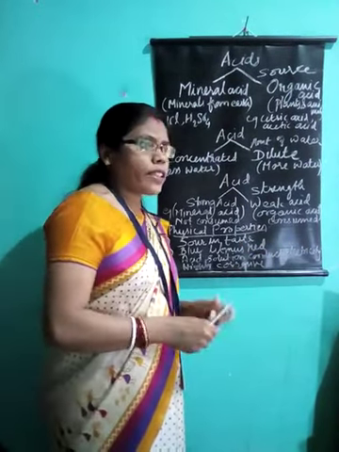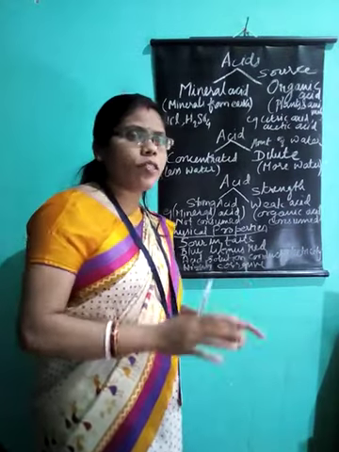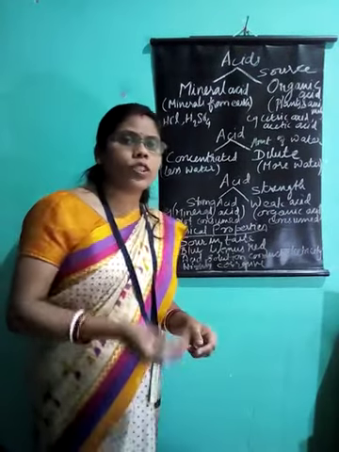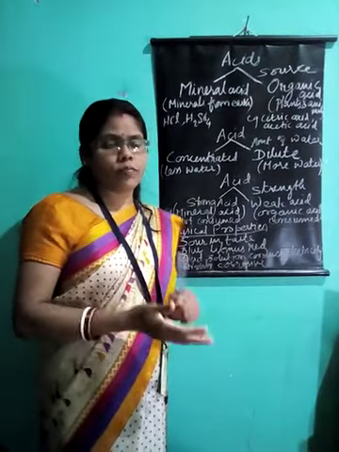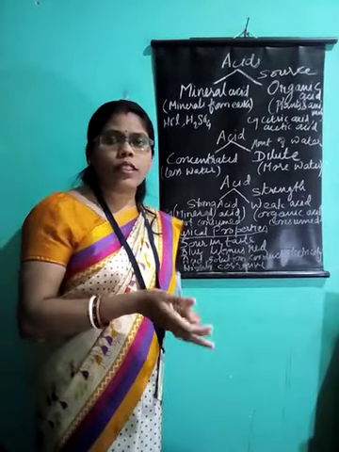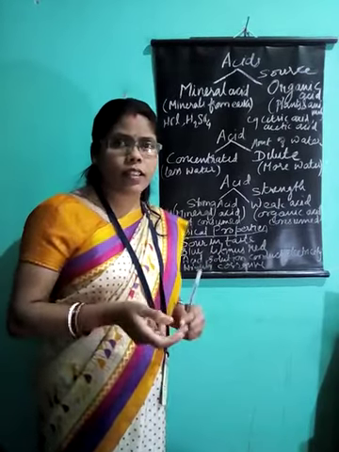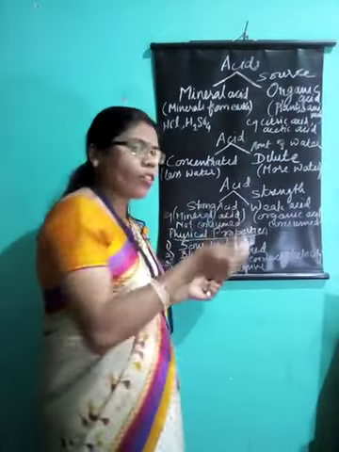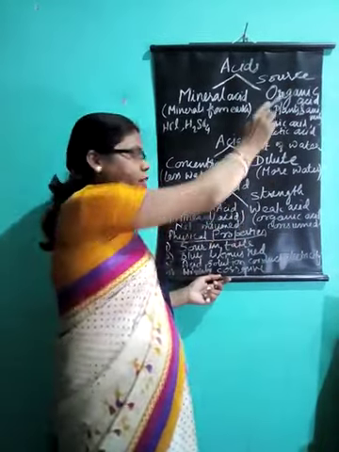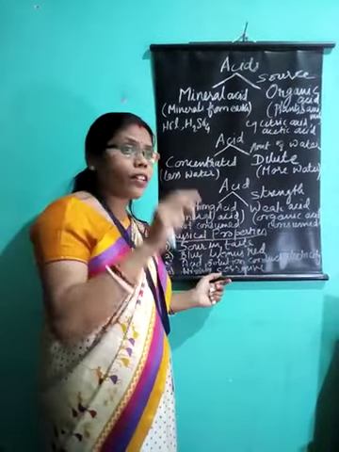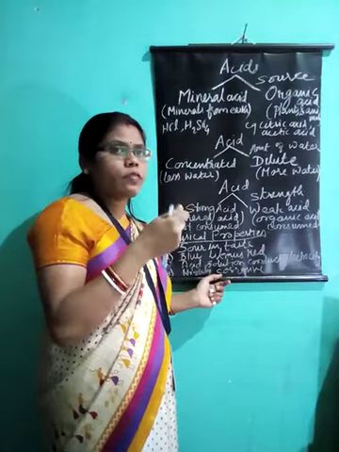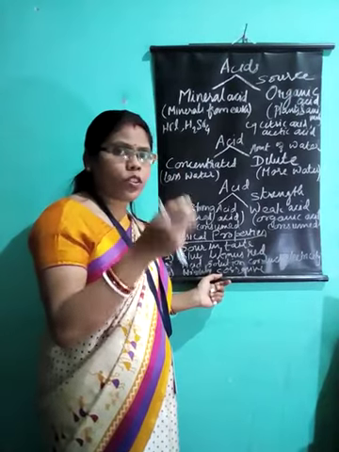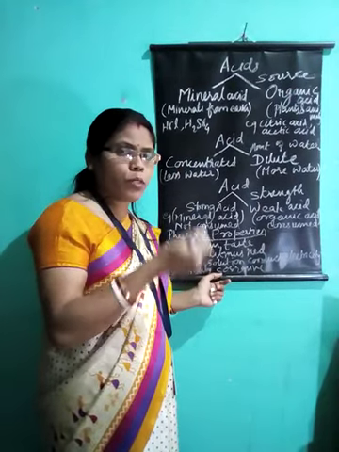Now, organic acids are generally the acids which we can consume easily. Like from plants we get citric acid, lactic acid, tartaric acid, acetic acid, all these various acids are organic acids. These are consumable. We consume tomatoes, grapes, citrus fruits.